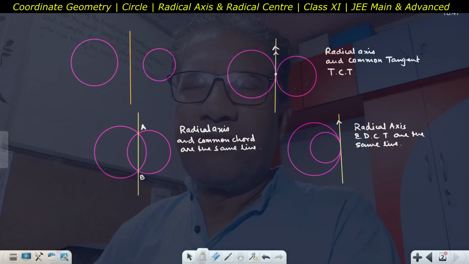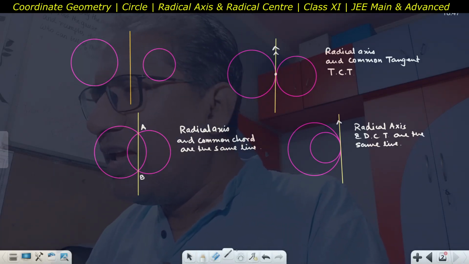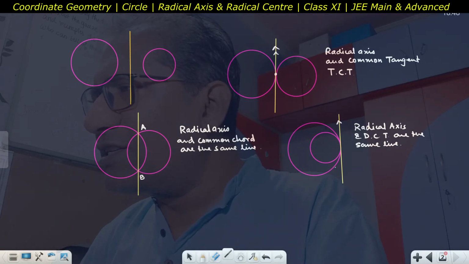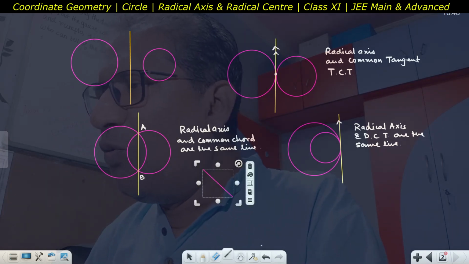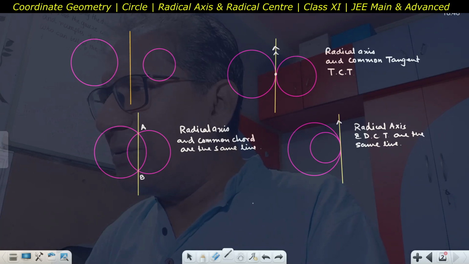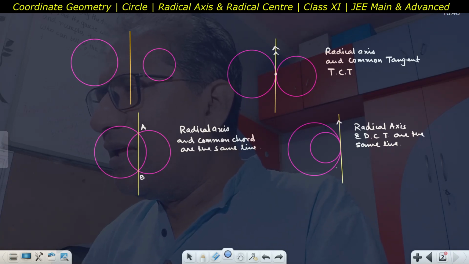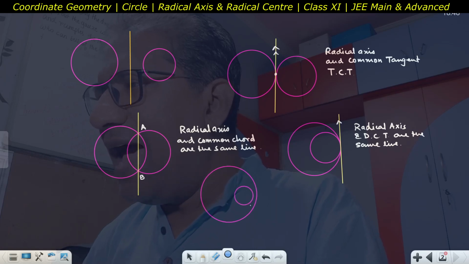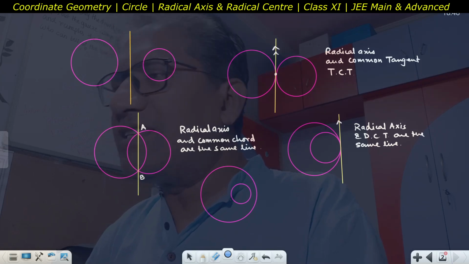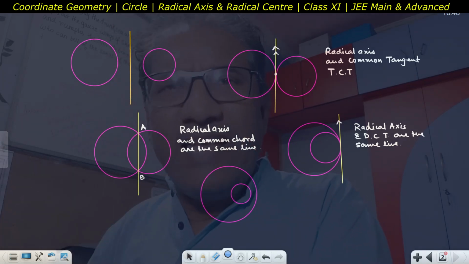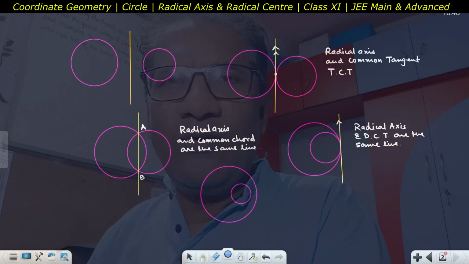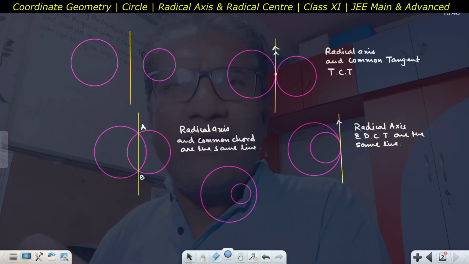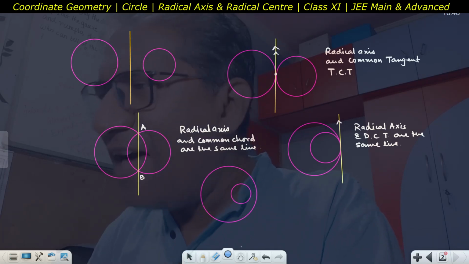Is it clear? Now suppose there are two circles, one inside the other. Let us say this is one circle and this is another circle. Now the question is, in this case also, can we have a radical axis? Answer is yes, we can have.